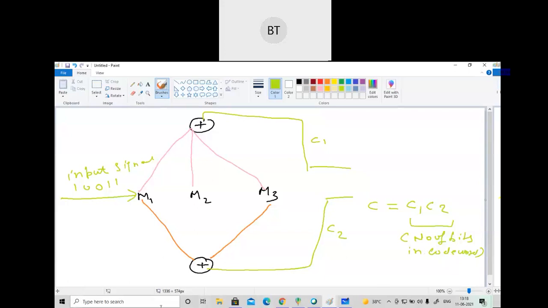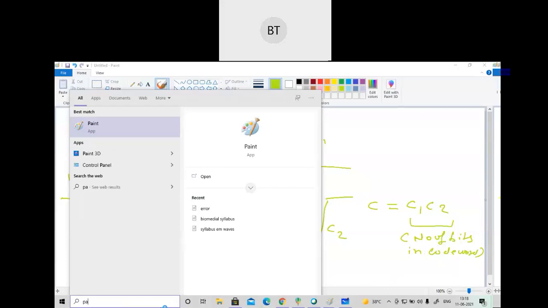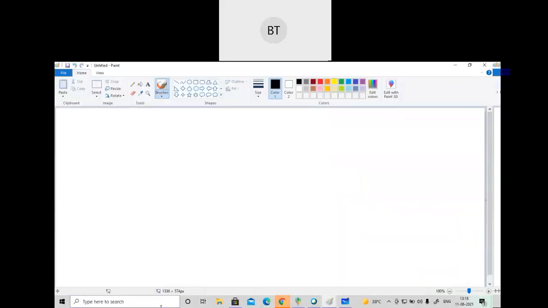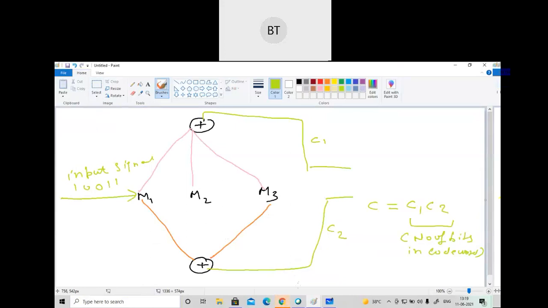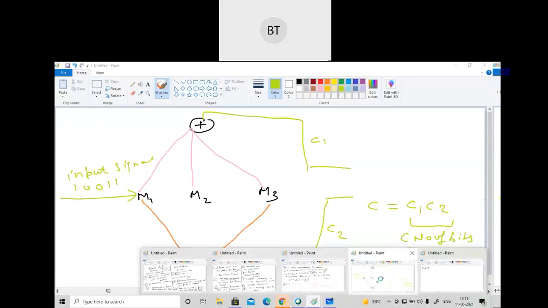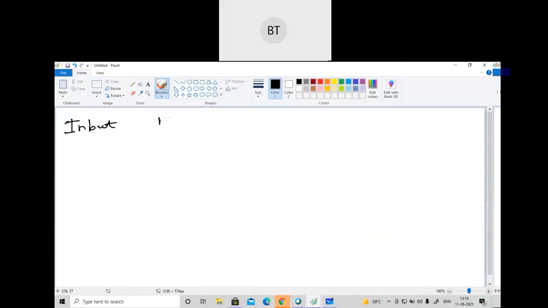So first we are going to make a table. We will write here input. Then from the figure we can see M1, M2, M3.